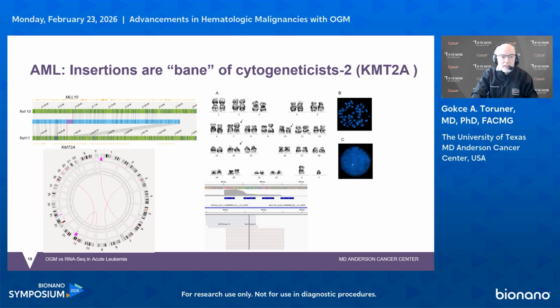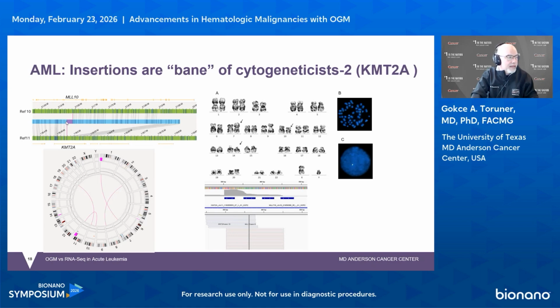Actually, for this case, OGM was very helpful. So what we have here is, the green bar is the KMT2A, the blue bar is the consensus map, and the red is the reference.